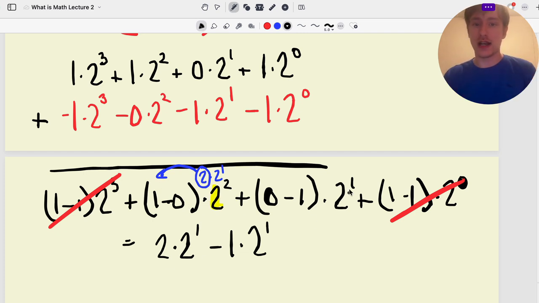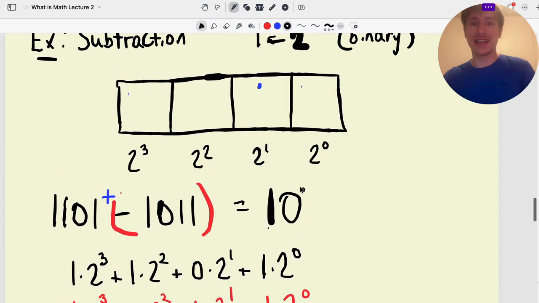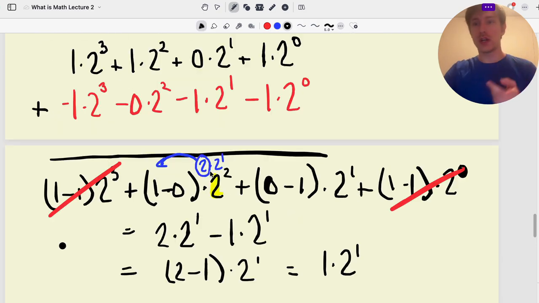And now I don't have a negative anymore because the 2 to the first distributes, and that's going to be 2 minus 1 2 to the first, which is just 1 copy of 2 to the first. And so I get 2 to the first, which is exactly what we got here, which is exactly the number 10. So what did we learn in this video?